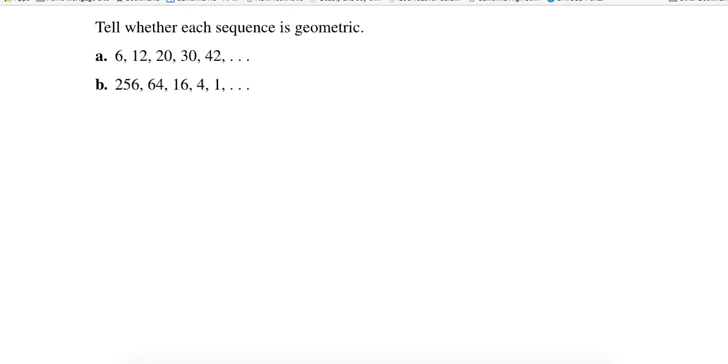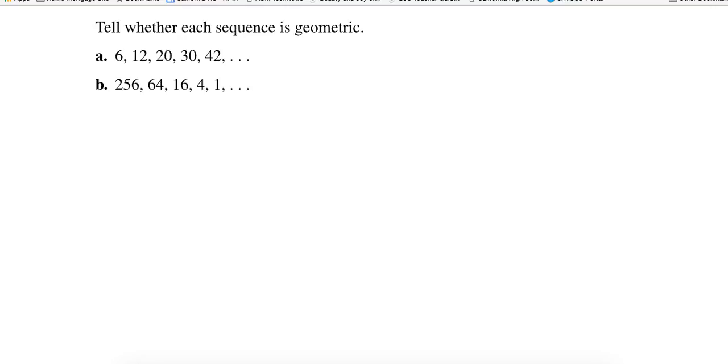So that's the main difference right there. And then every other type of problem, you just replace the d, the constant in there, with r, which is going to be our common ratio. So we're going to go through each step like we did in 8.2, except we're going to replace a common difference with a common ratio.